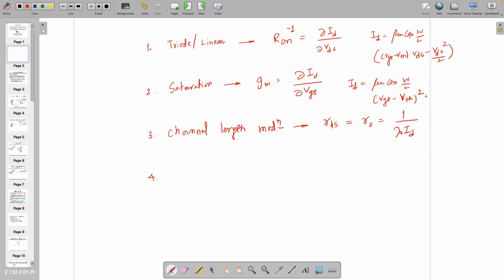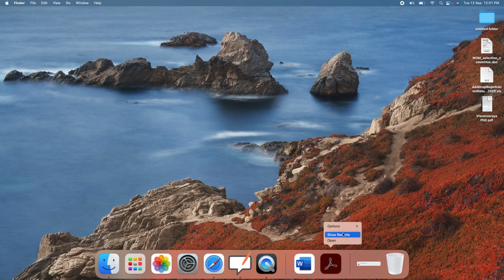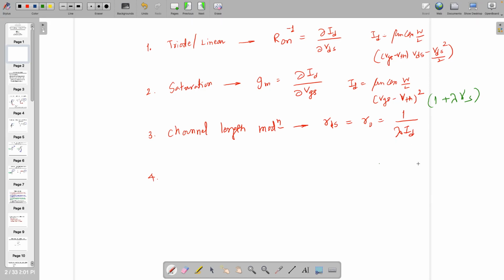You can find that with the additional factor of 1 plus lambda VDS in the equation. And the last one is the body effect.